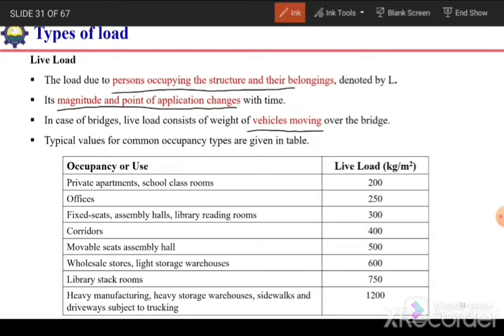In the design specifications of AISC minimum design loads, the values for different occupancy categories are given for live loads. For example, for private apartments and school classrooms, the minimum live load is 200 kg per meter square. For offices, it is 250 kg per meter square. So from this table, we can select the appropriate value of live load based on the occupancy.